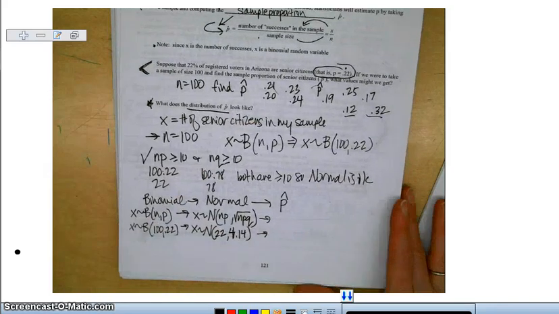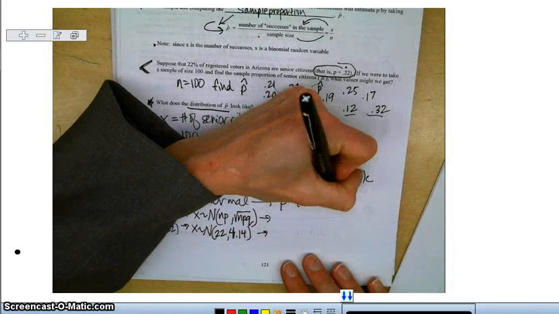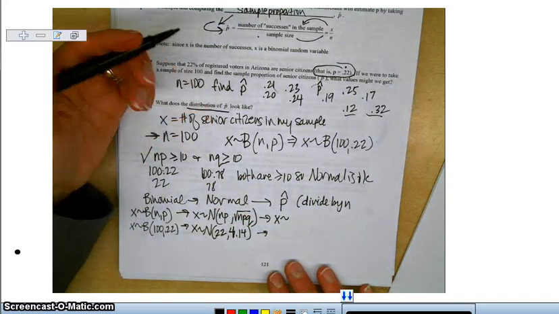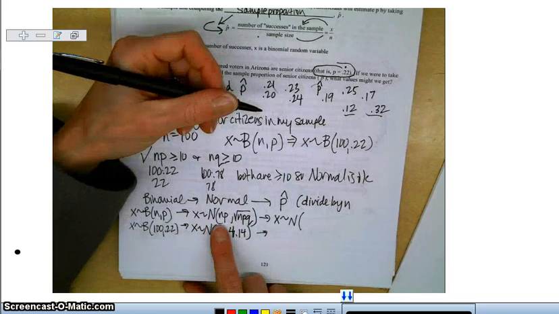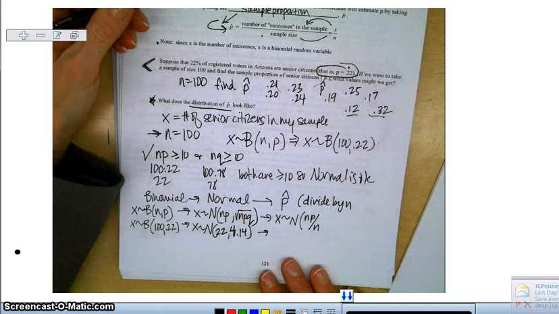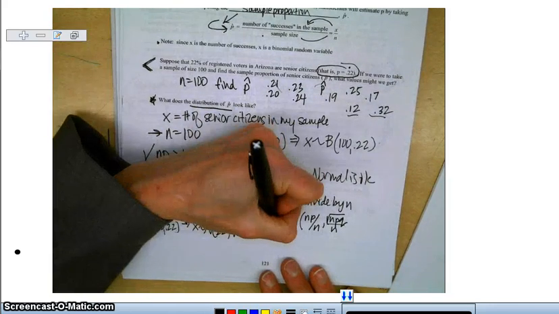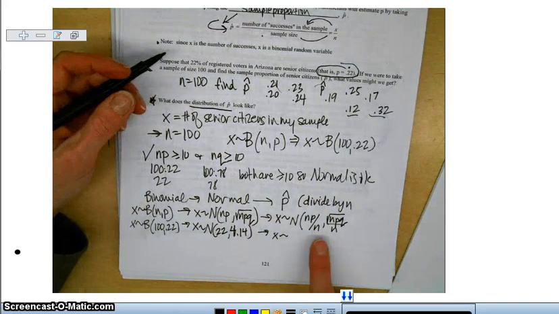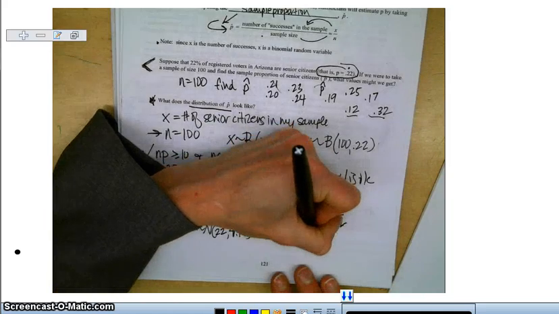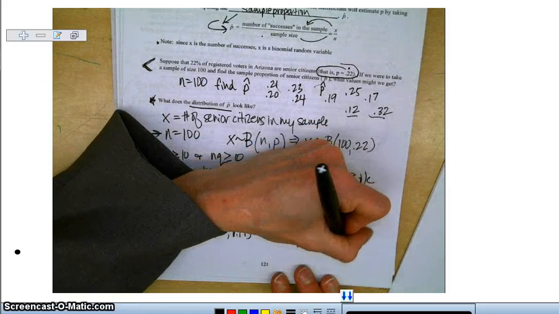All we do to get p hat is divide by n. So we still say normal, and we take n times p divided by n, and the square root of n times p times q divided by n. We already have n times p and n times q, so we just divide by 100: 22 divided by 100, and 4.14 divided by 100.